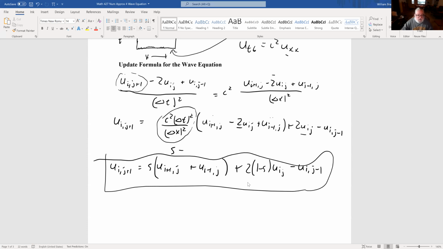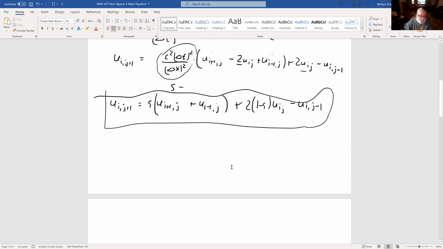We have to deal with initial position, which isn't too bad. Initial position is at j equals 0. So u i 0 equals our initial position function, just evaluated at f of i delta x.